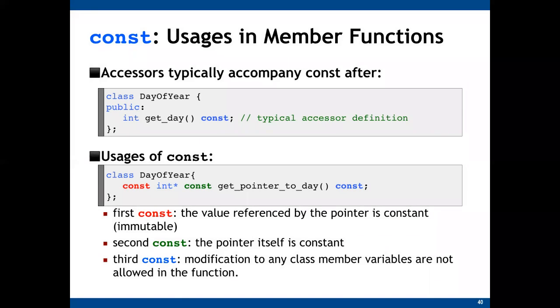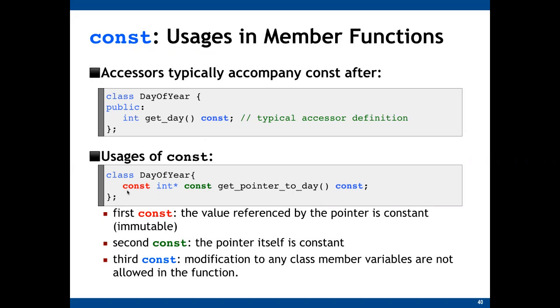Okay, so we talked about the const member functions. Let's study more about constants here. If you look at this example, there are 3 const keywords, and they all cause different consequences.